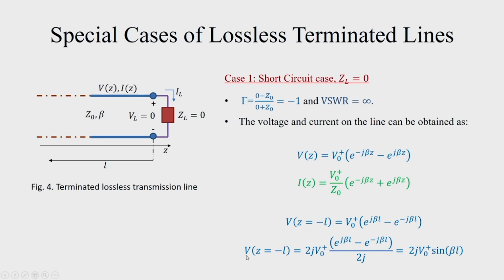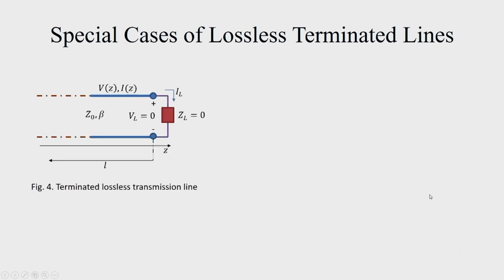Finally, we find that voltage as a function of distance L can be written as 2j V0+ sin βL. Therefore, the voltage V divided by 2j V0+ is equal to sin βL.